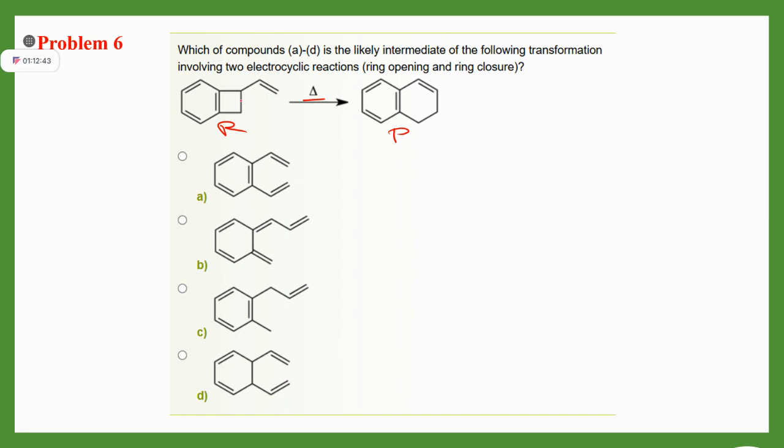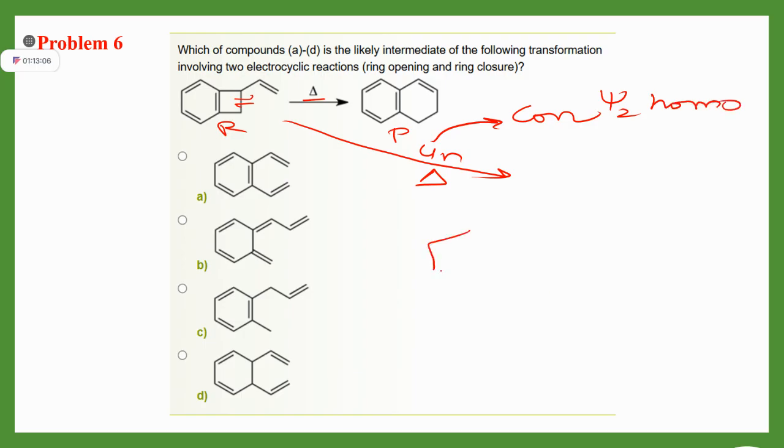First, I have told you, whenever you see this cyclobutene, just open it, correct? So this 4n system under heating condition will undergo conrotation, right? Because psi 2 is HOMO.